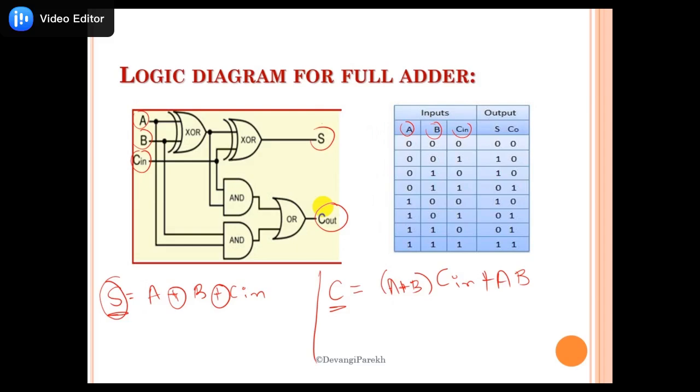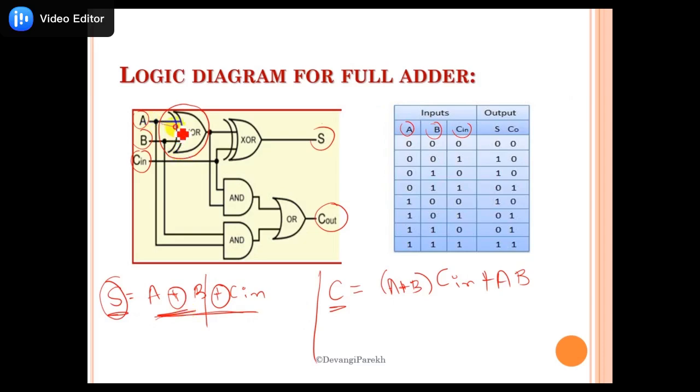First of all we are going to draw for sum. So A XOR B. If you remember my previous video, I covered that if A XOR B is there, then there is an XOR gate to express this Boolean expression.